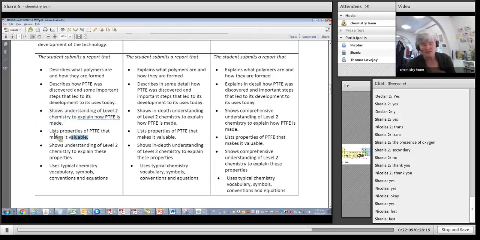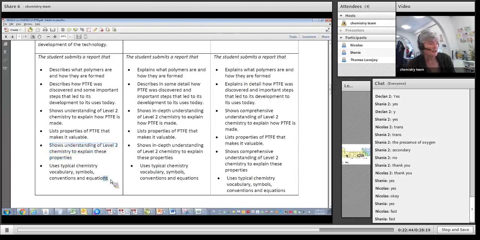Okay, the properties, as I mentioned just now, it is so slippery, and that's because of that very electronegative fluorine bonded onto the carbon, and so it just simply repels any water. And then, as I say, show your understanding of this. So show how polymers are formed, that they're these long chains, that they're quite tough, and so on.